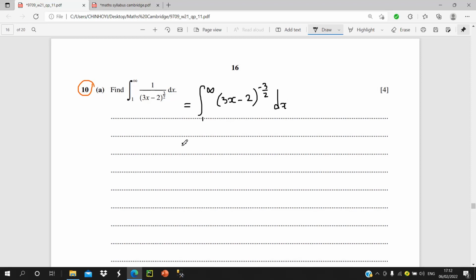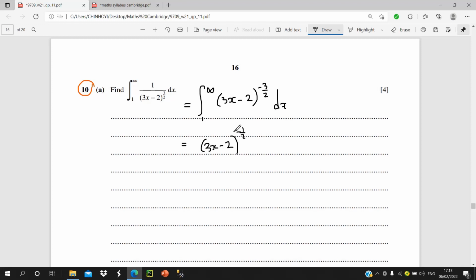Then if you're integrating, you increase your power by 1. So let's increase the power by 1: minus 3 over 2 plus 1. We keep the bracket as it is. 3x minus 2 to the power of minus 3 over 2 plus 1, you get minus half.